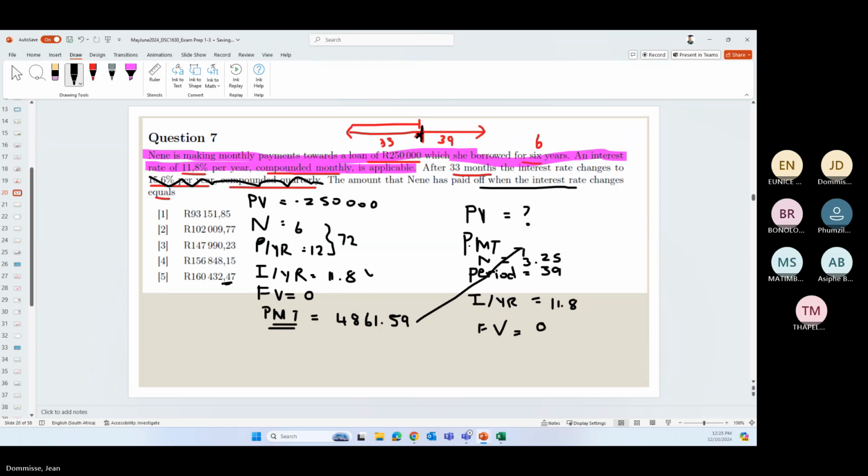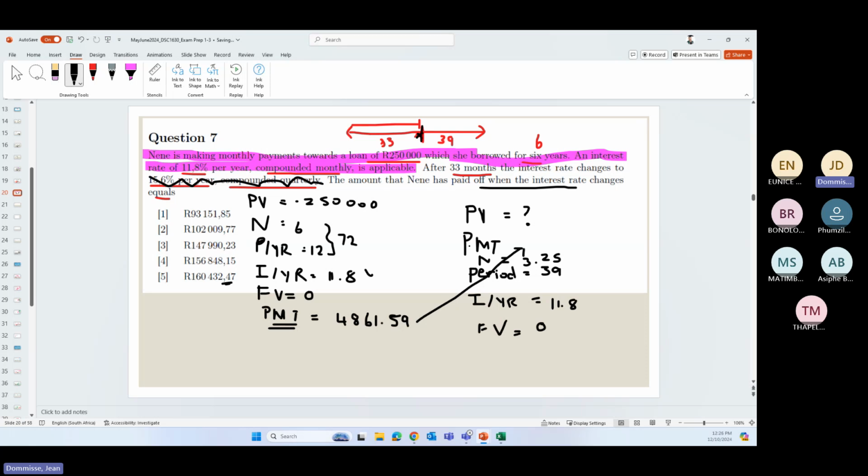We have our years, it is 3.25, so periods is 39. Our interest of 11.8 is still the same.